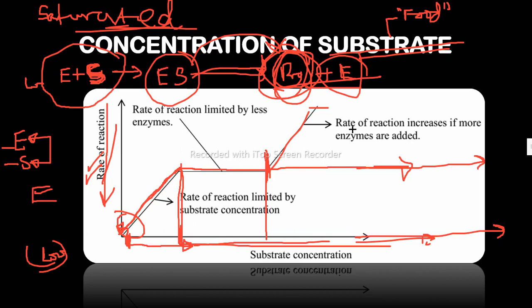By increasing the number of active sites, you increase the chances of collision, you increase the chances of forming the enzyme substrate complex, and you increase the number of products formed in 1 minute. Hence the rate becomes high. But it will also finally become constant with further increase in the substrate concentration. So basically, guys, that's how simple it is.